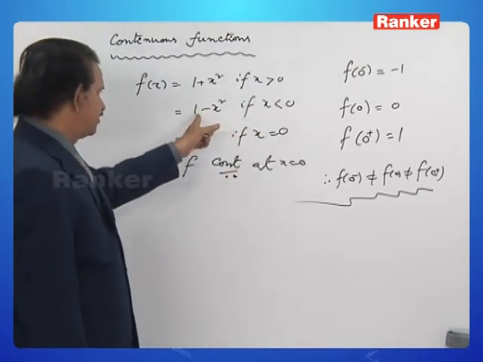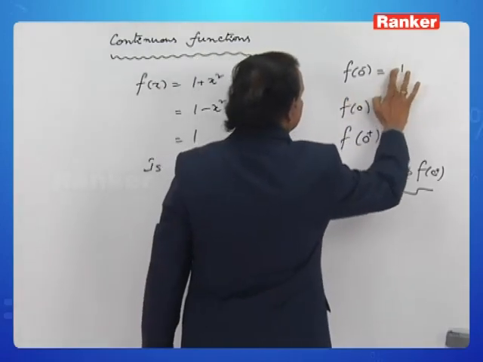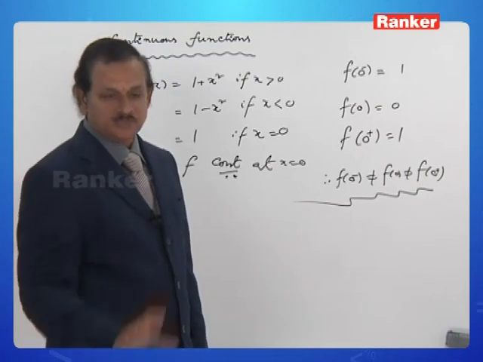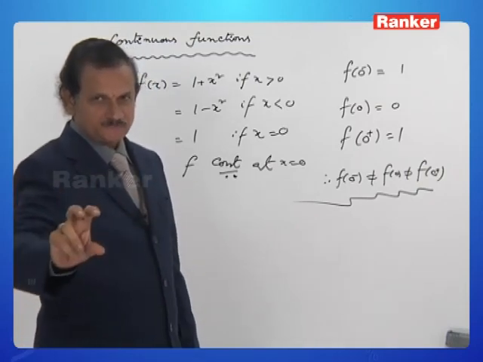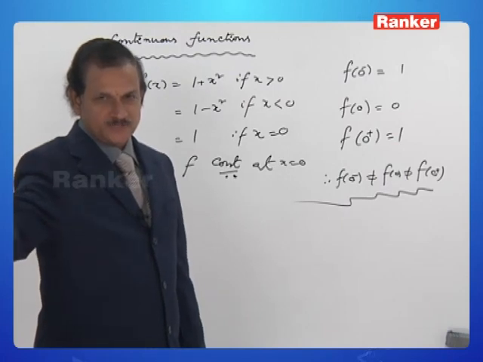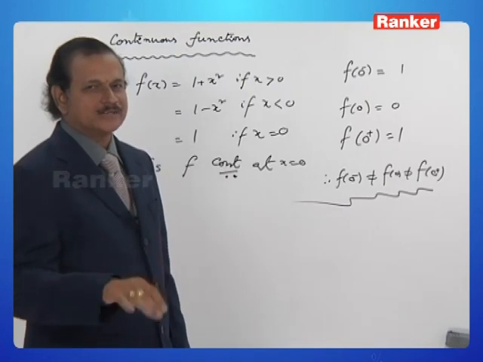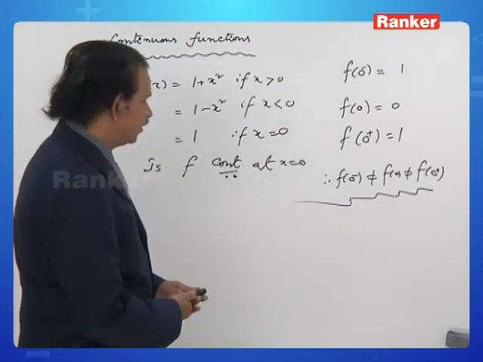Left hand side definition, 1 minus 0 square is 1. Second one, in that briefcase, the first item is f of 0 from left, second item is f of 0, third item is f of 0 from right. We would like to calculate those three in order. The first one is 1. Second one, what is f of 0?